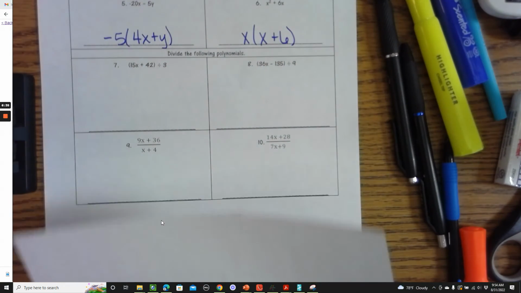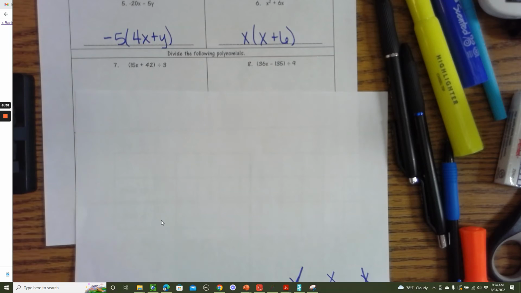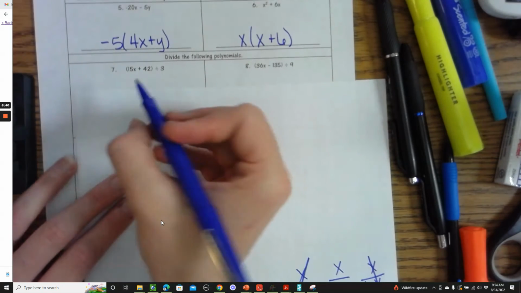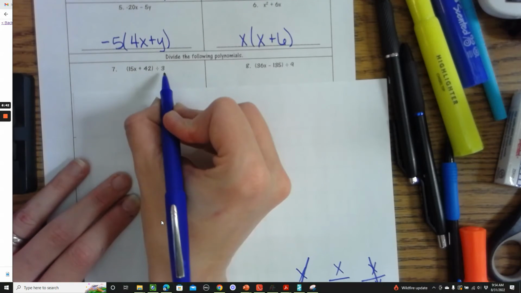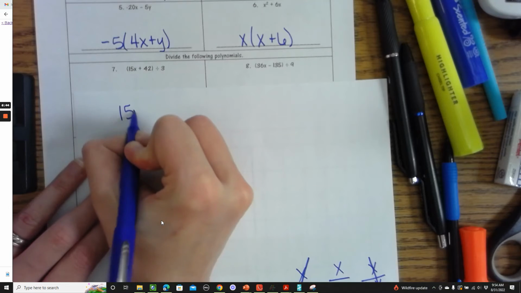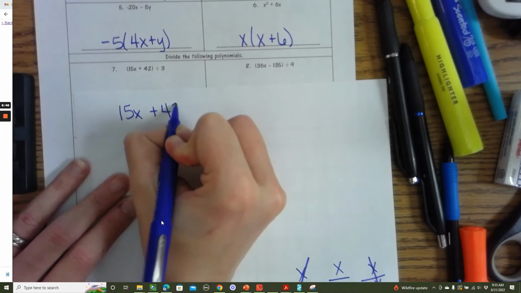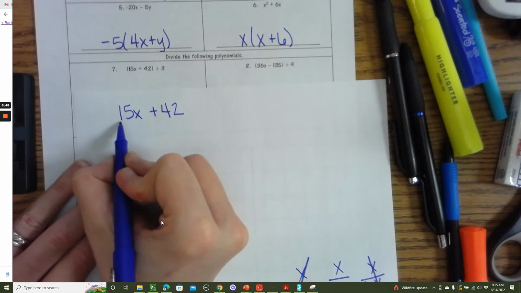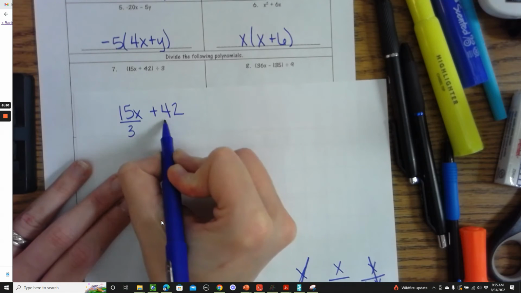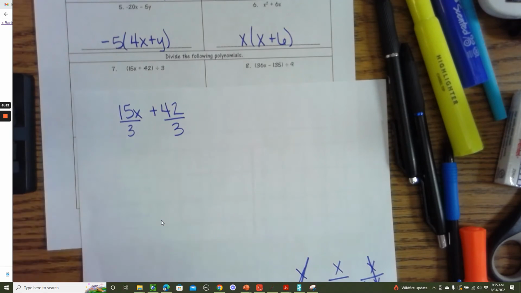Number 7, we're dividing. Dividing is the same thing that we've been doing. It says 15x plus 42 divided by 3. So what I'm going to do, I'm going to rewrite it. I'm going to divide the 15x by 3 and the 42 by 3. And then you can do each piece in your calculator.